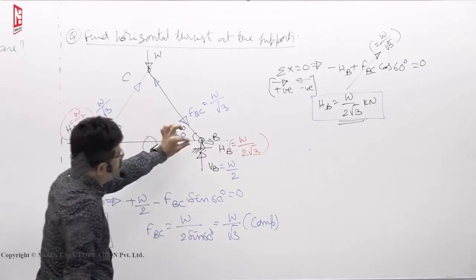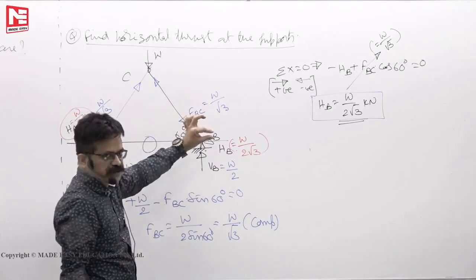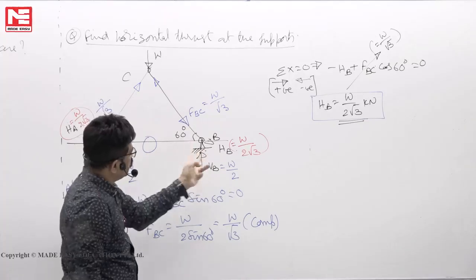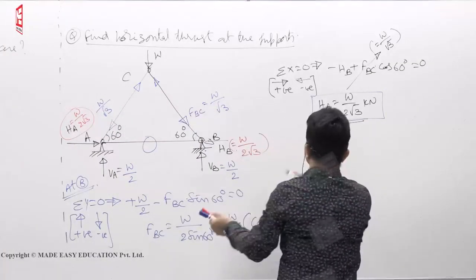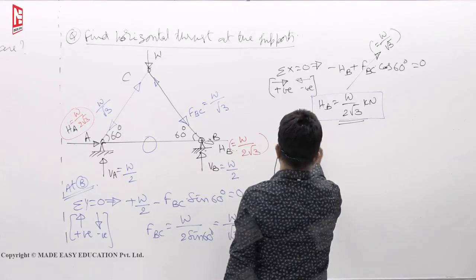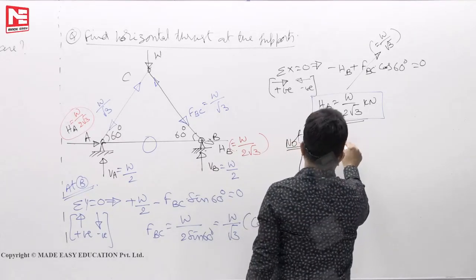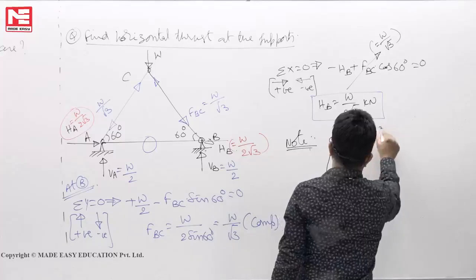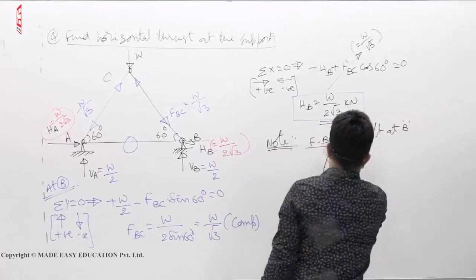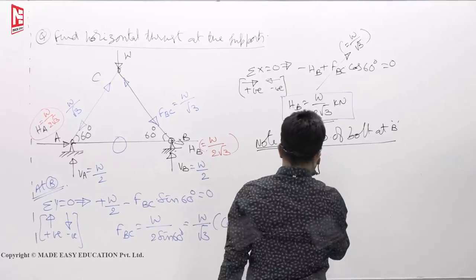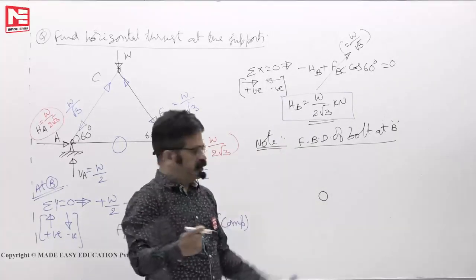So if you see the free body diagram of the pin, how it should be in equilibrium, cut all this, pluck it out, and draw that free body diagram. Free body diagram of the bolt at B. So this is the bolt, I am showing the cross section of the bolt.